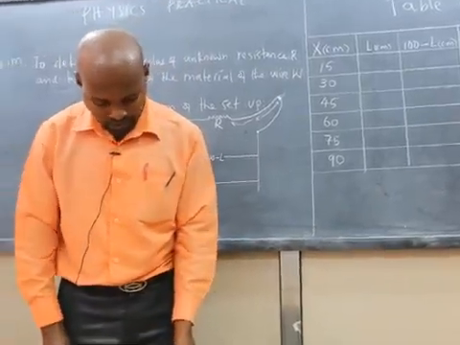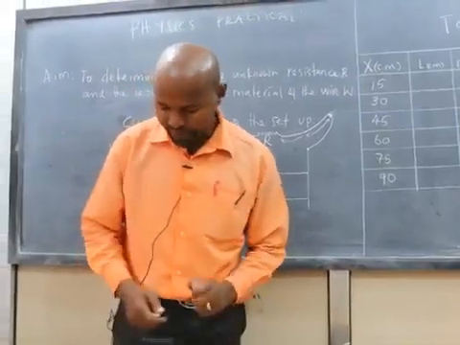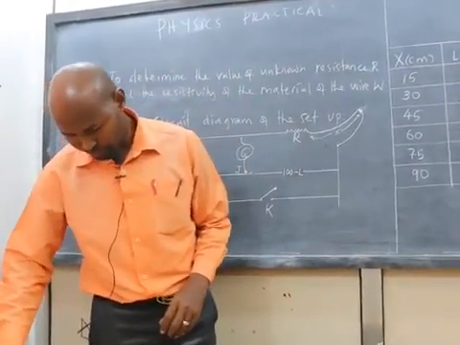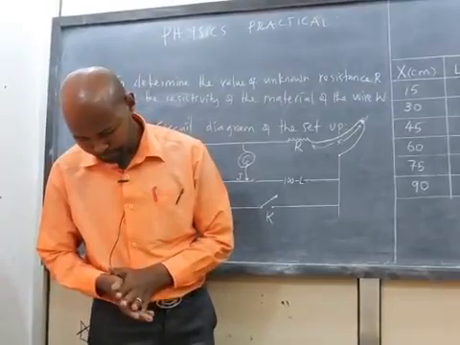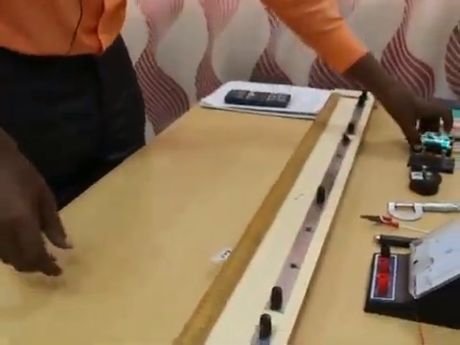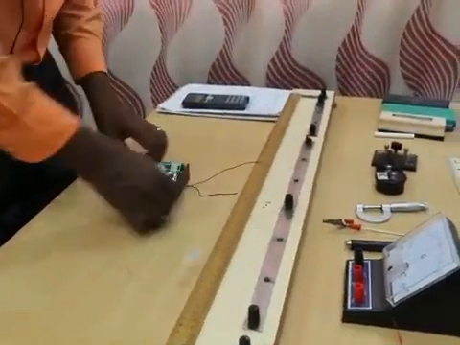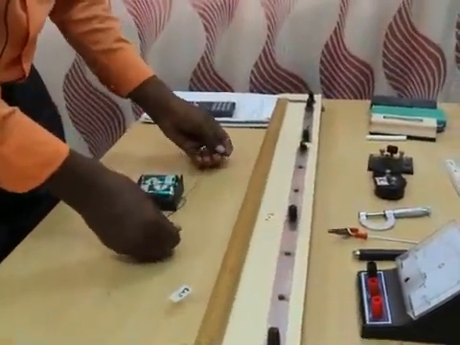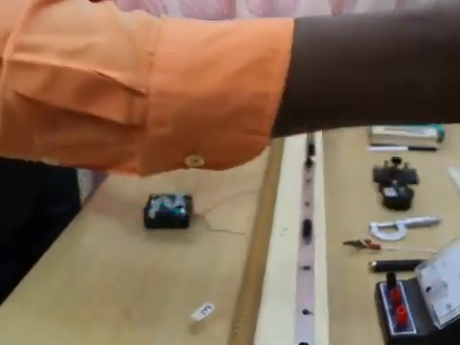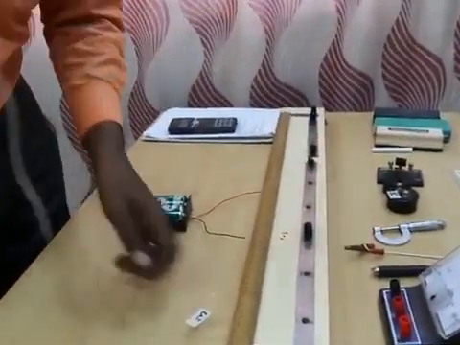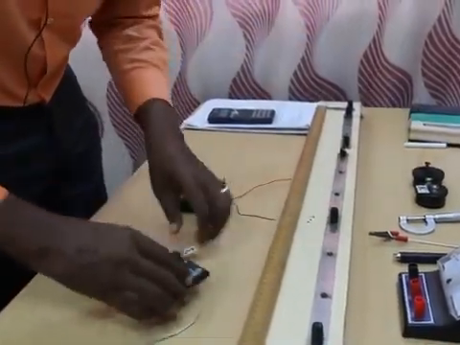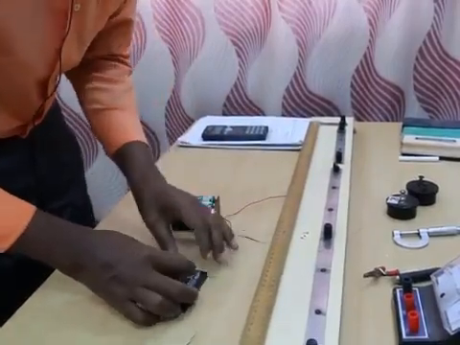Now, let us start performing our experiment according to the procedure in the question paper. Let us now start connecting our circuit. This is a dry cell, so I'll connect using connecting wires. This is a key.